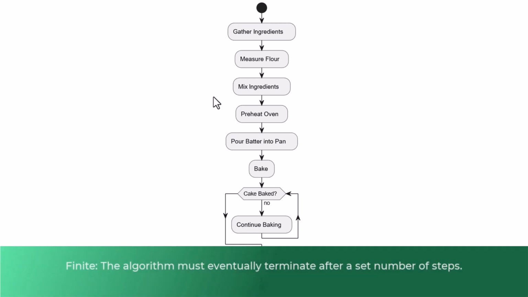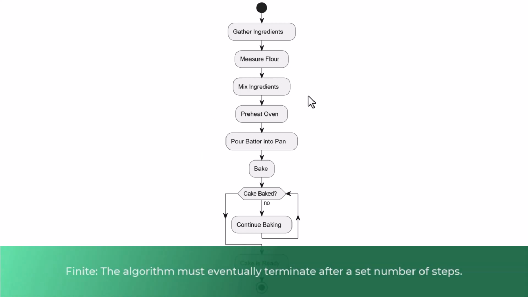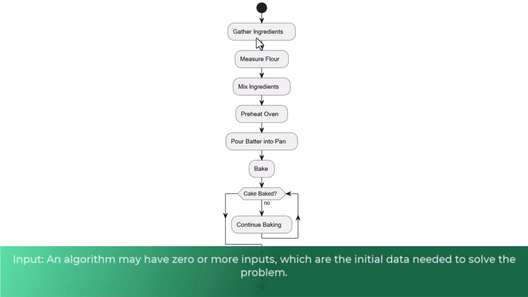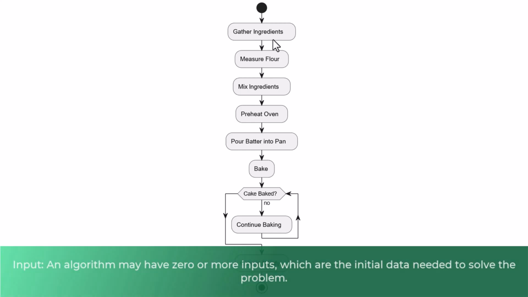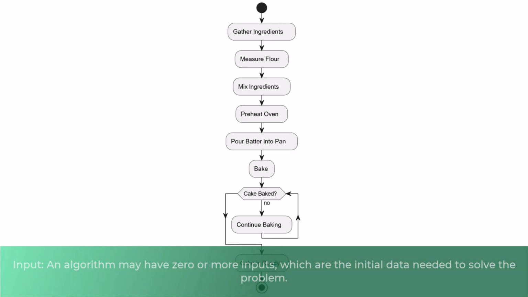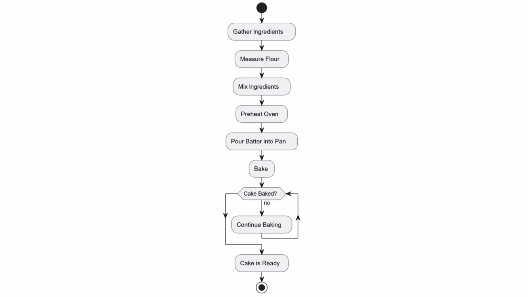As you can see, it has steps, but they are not infinite, it has a finite number of steps. Also you can see it has some input. An algorithm may have 0 or more inputs, which are the initial data needed to solve the problem.